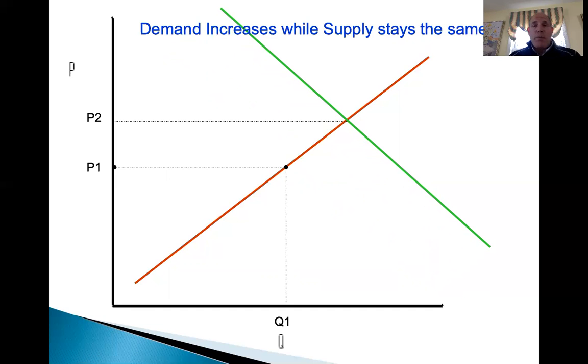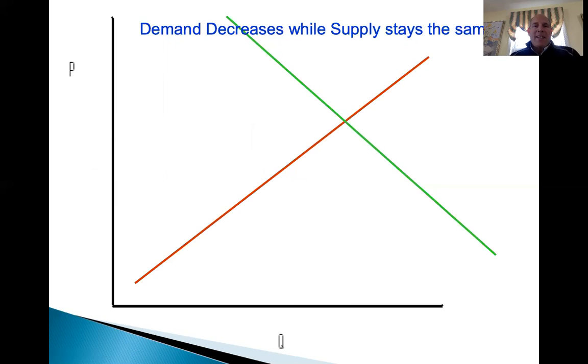We have a new P2, which is a signal to the suppliers that consumers are willing to pay P2. Suppliers say, well, they're willing to pay more money than what we will provide at Q2. You're still going to have a shortage and a mad dash, but it is a signal to the suppliers to produce more. So the system should react by producing more or attracting more suppliers into the supply chain.